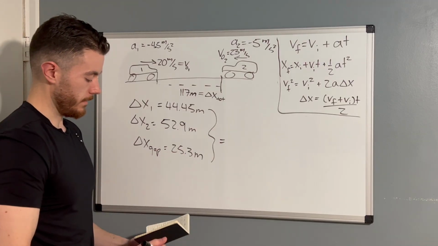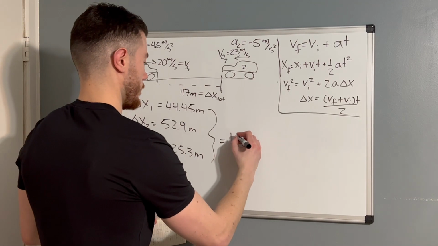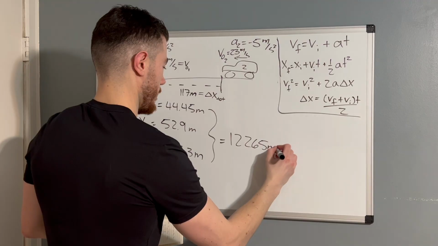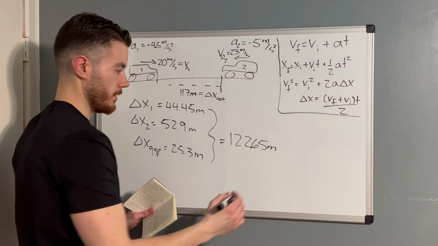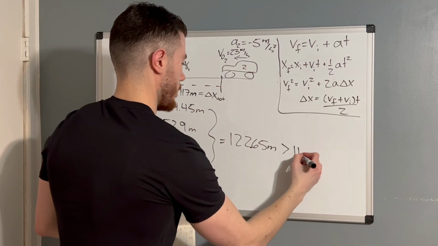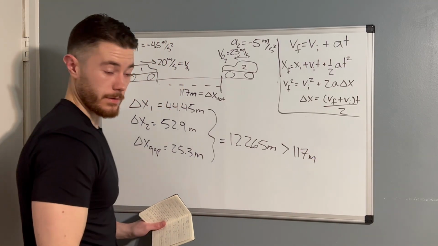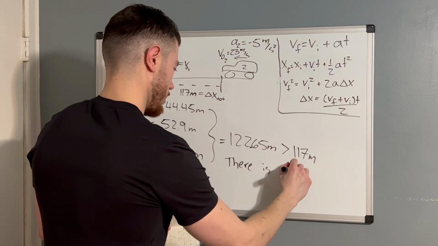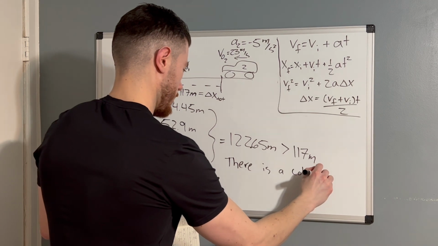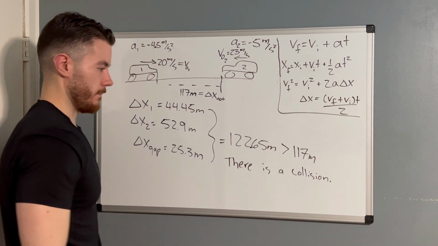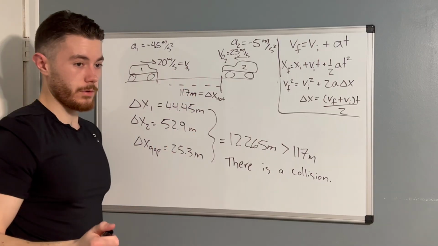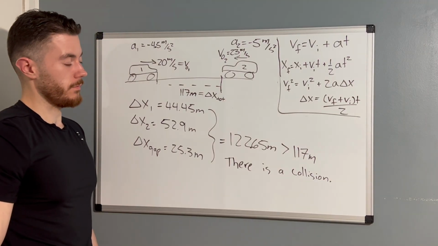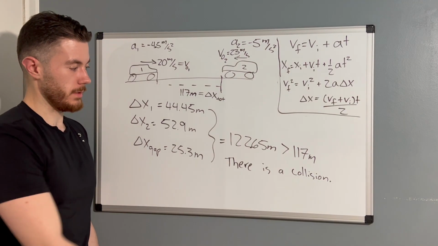They add up to, you can check this, 122.65 meters. And this is greater than 117 meters, meaning there is a collision. These decelerations are not strong enough to stop the cars before they collide. So there is a collision.